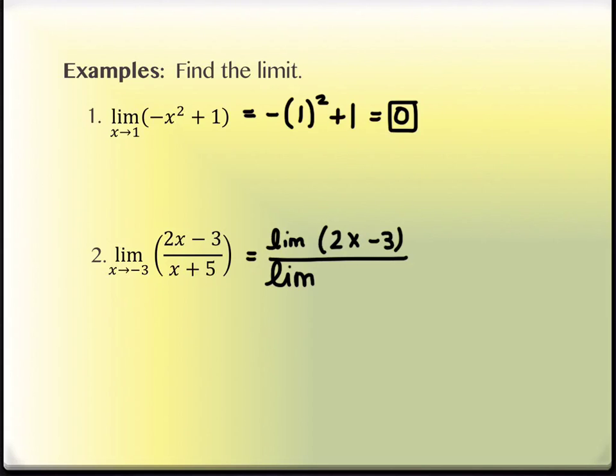The property number 4 underneath quotient there said that I can separate this like so. Right? I can separate out for the individual limits. Well, there was also a property that said that I have addition and subtraction. So I could actually separate this out with the addition and subtraction like this.